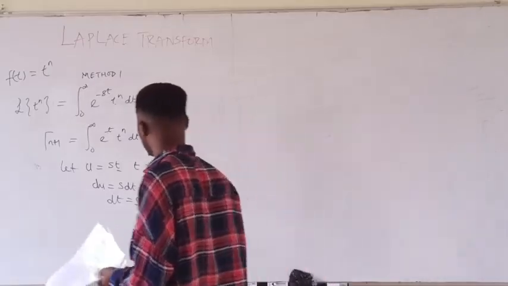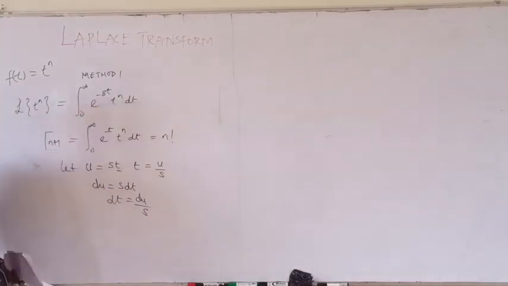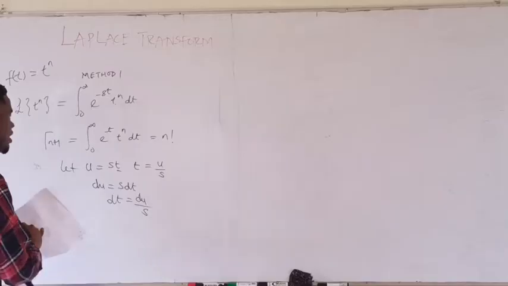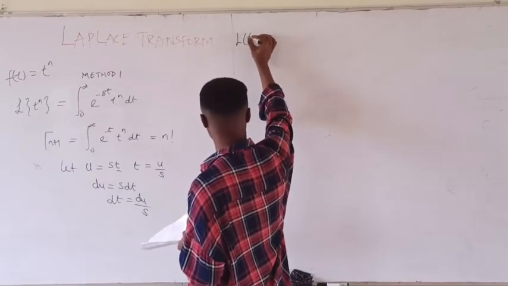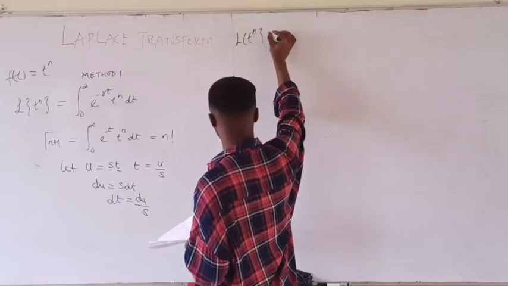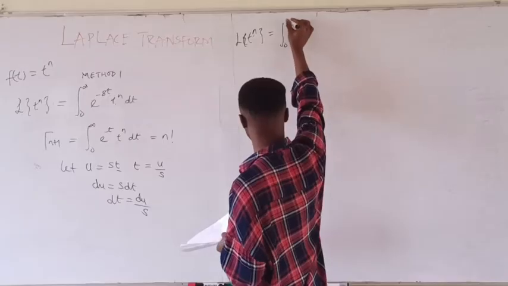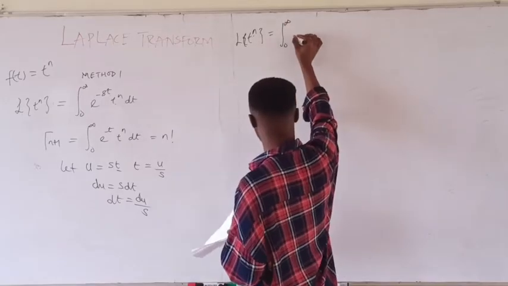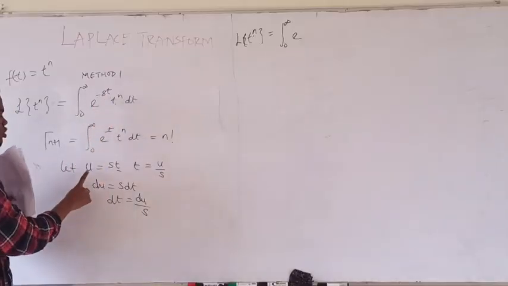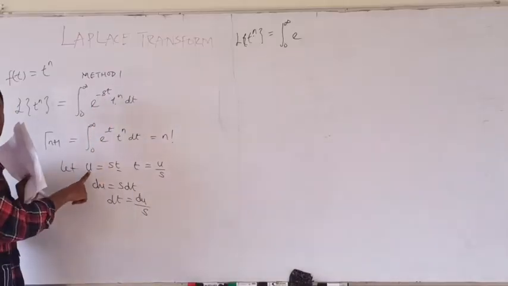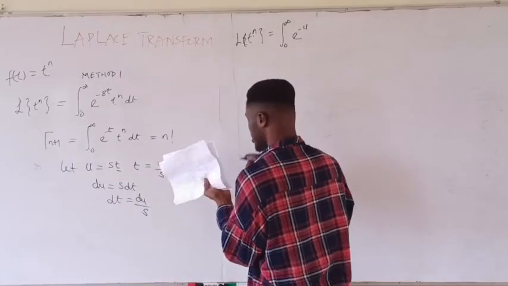The next thing is to substitute into this integral. The Laplace of t raised to the power of n is equal to the integral from 0 to infinity of exponential of, instead of writing minus st, I'm only going to write minus u.